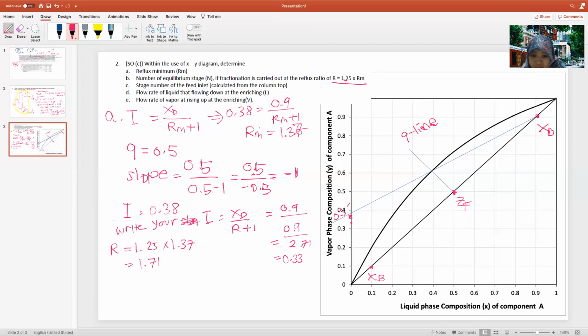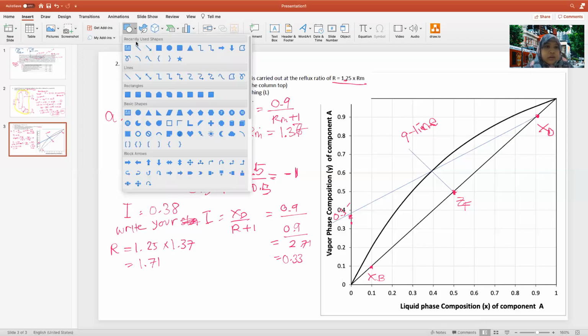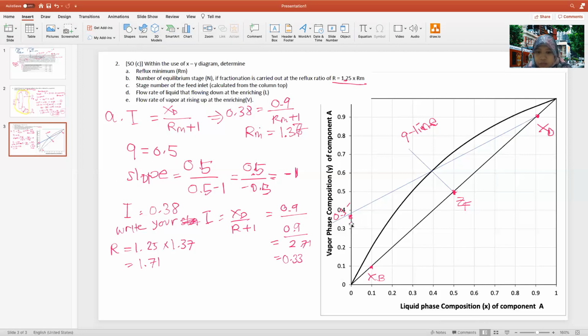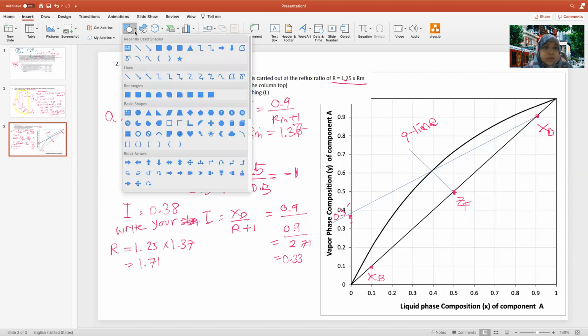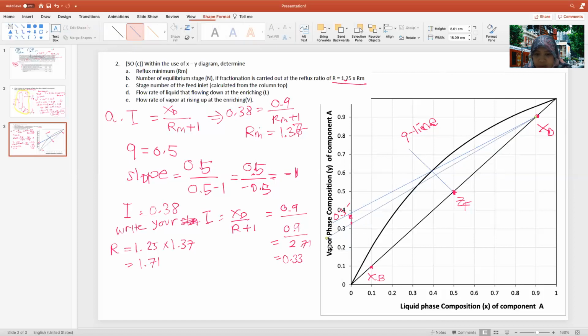Maybe I would think about these points there, and then draw the line from here through this point there. Okay, so that is your operating line.